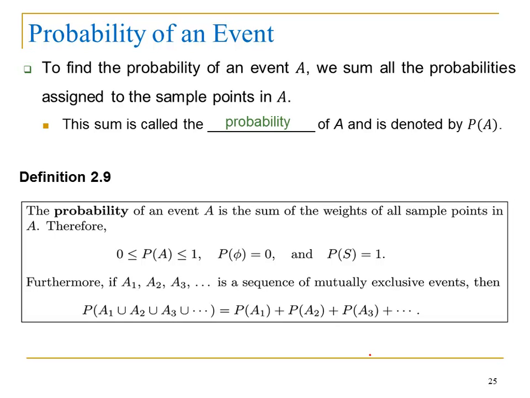So if you sum all the probabilities of the outcomes of this event, do you have an idea of what is the number that you should get at the end? You have probabilities of all the outcomes. So you have 5 outcomes and you sum the probability of each one of those outcomes. What is the total of that summation? 1.